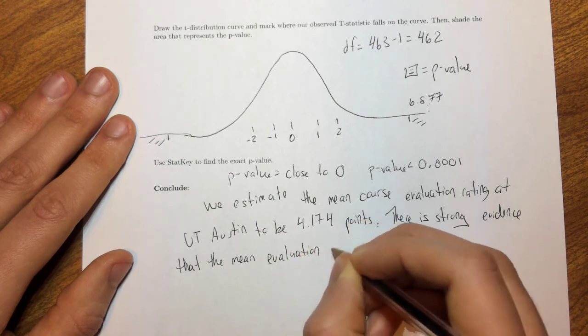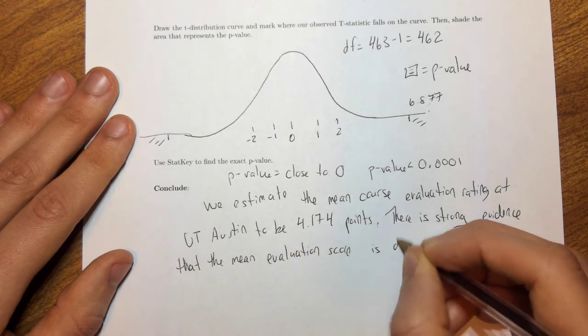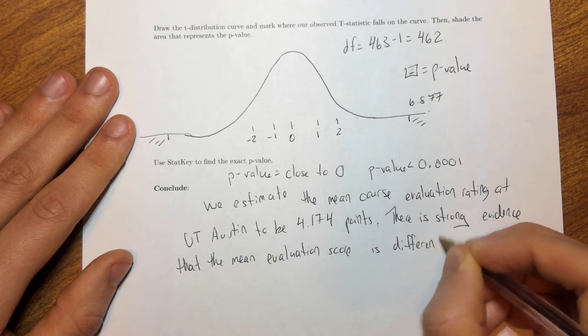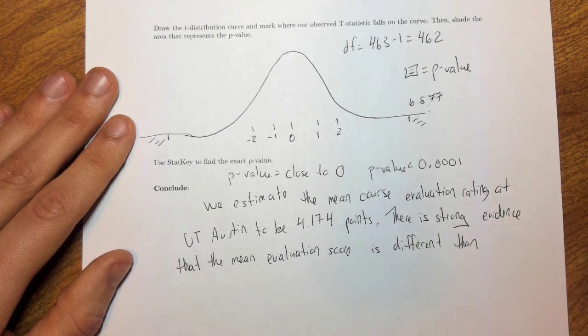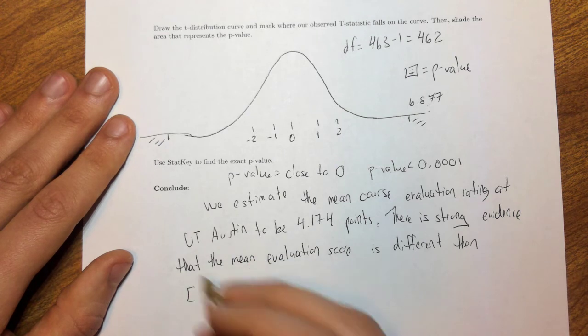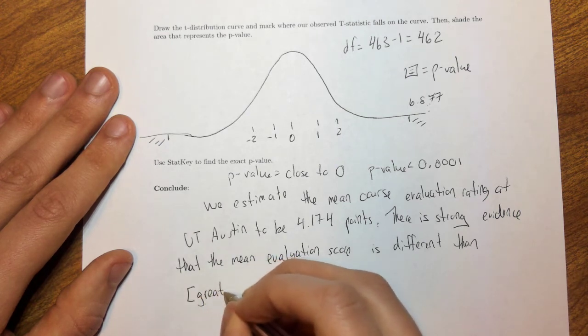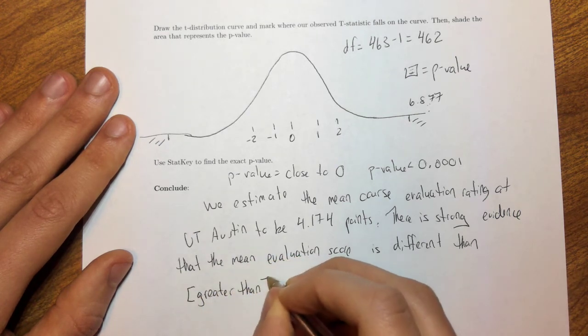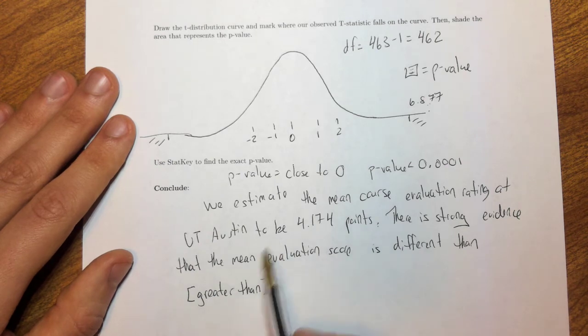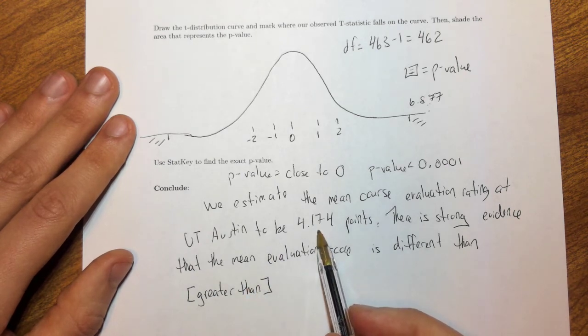evaluation score is, we can either say different than, because that's how it was worded in the original alternative, or we could end up saying greater than, just to match it with what we actually observed.